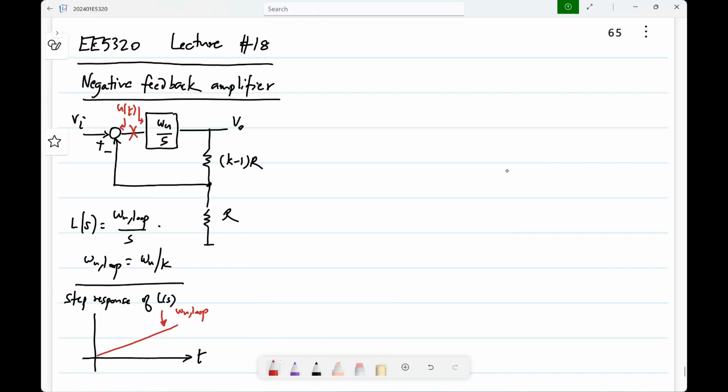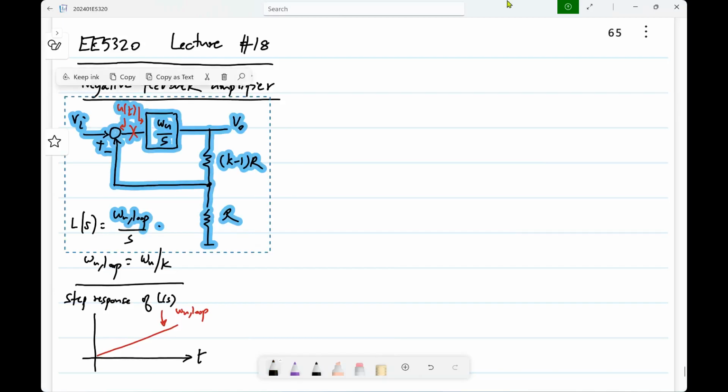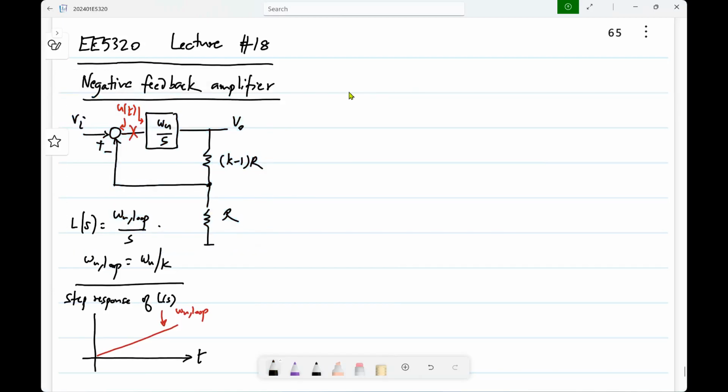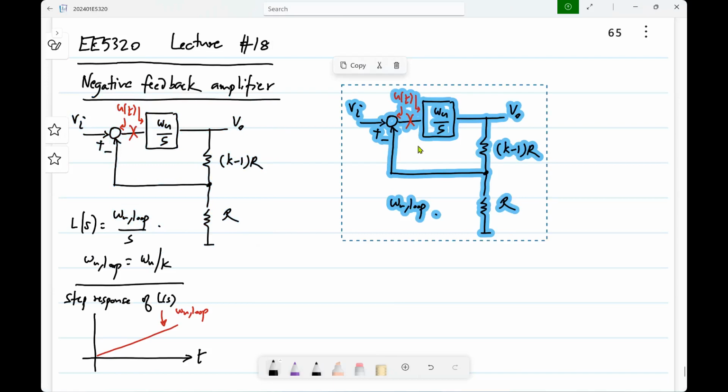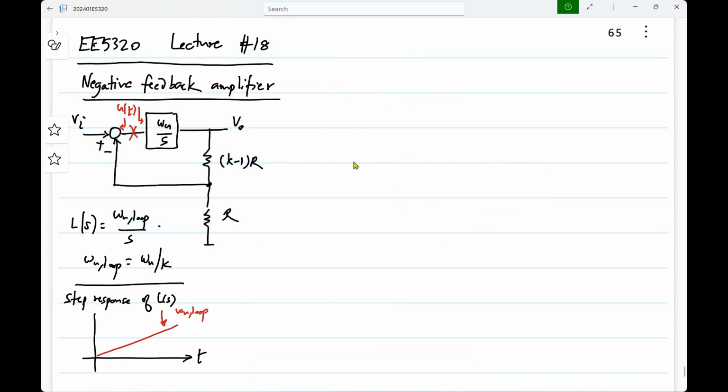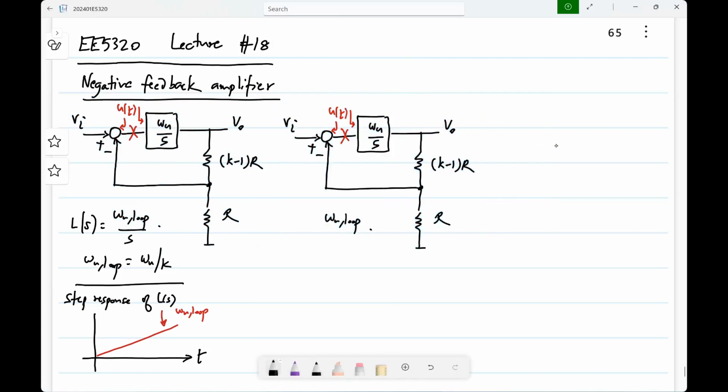Now, what are all the problems that can come in? What we saw was that we can have a delay, and I'll show it in the feedback path. This has a transfer function exponential minus s td.